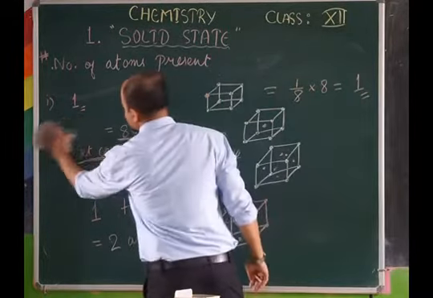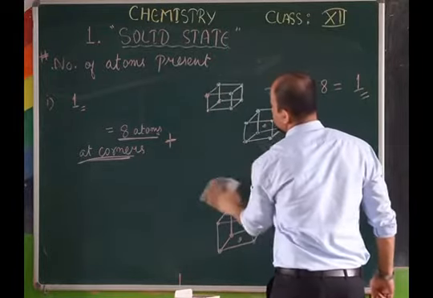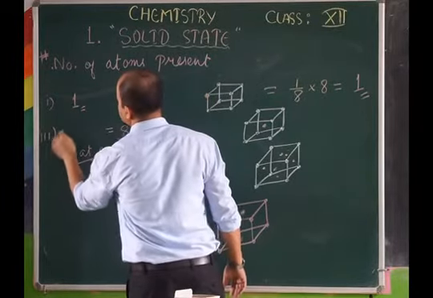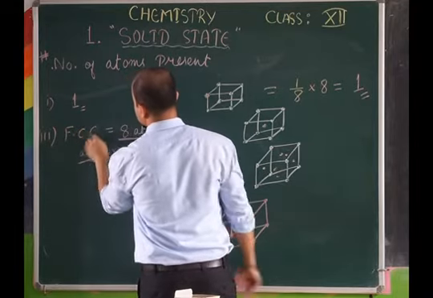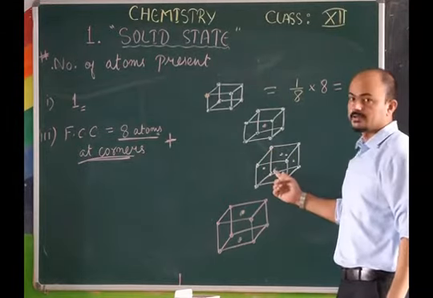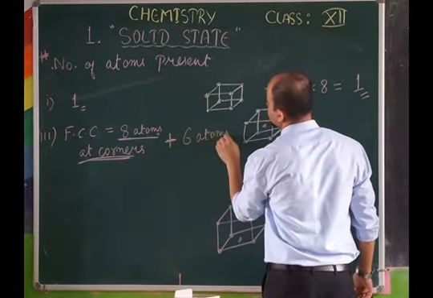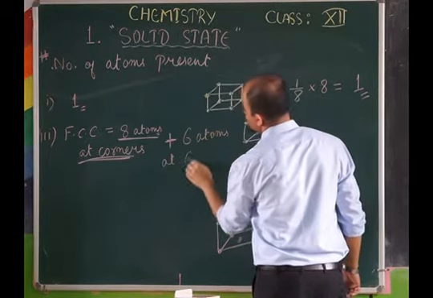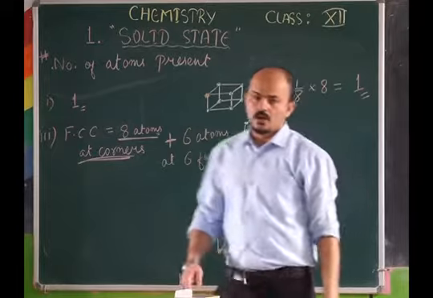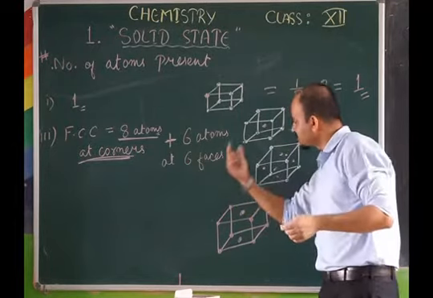So in case of face center, FCC is number 3. In case of face centered cubic cell, you already have 8 atoms at the corners plus 6 atoms at the 6 faces.